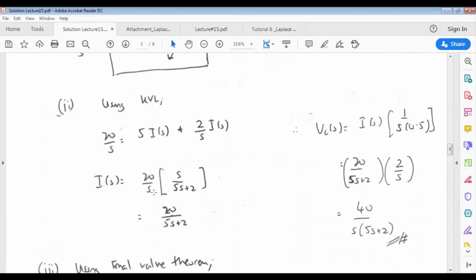And we can have that I(s) will be 20 over S(5S plus 2)... rather, 20 over S times (5 plus 2 over S), which gives I(s) = 20 over (5S plus 2). Due to this, the VC(s), the voltage across the capacitor, will be the current multiplied with the impedance of the capacitor. So we have 20 over (5S plus 2) multiplied with 2 over S, and it becomes 40 over S(5S plus 2).